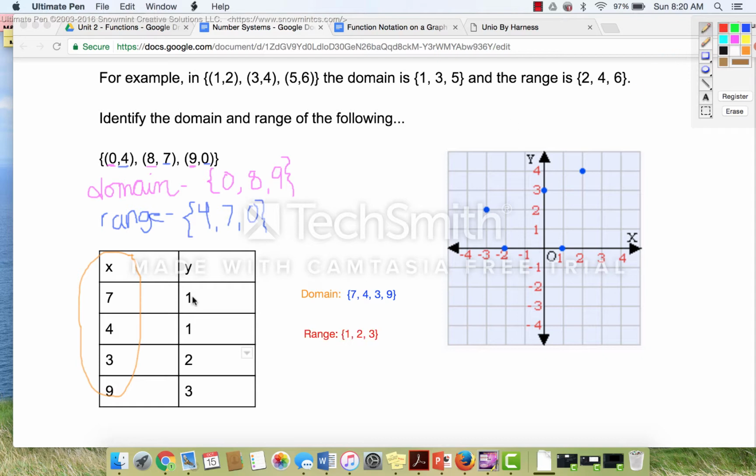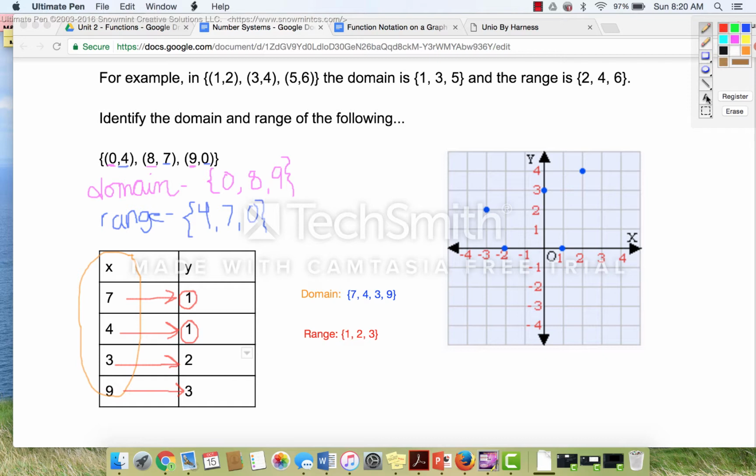I'd like to stress that even though the output of 1 repeats, this is still a function because each input, each of my values in my domain, goes to its own one unique y value. So 7 doesn't go to 7 and 2. 4 doesn't match up with 4 and also 3. Or 1 and 3.